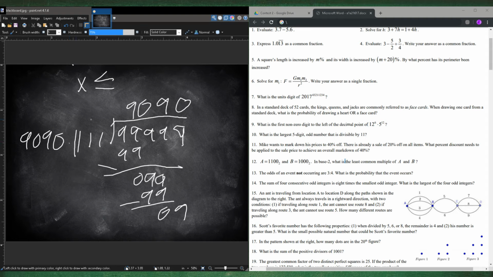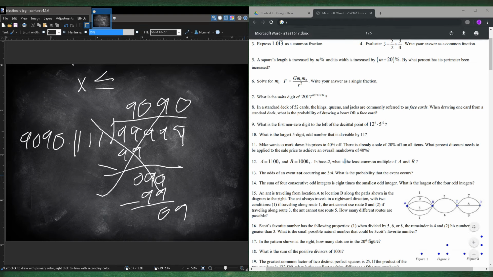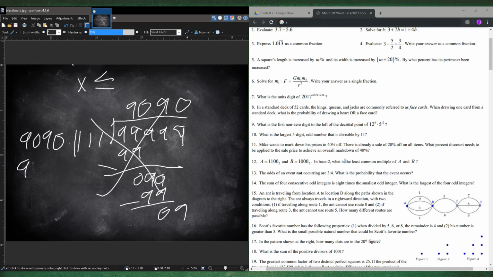So you have to find the first odd multiple. Since it has to be odd, 9090 is even, and even times 11 is even, and it asks for odd, so we have to go a little less than that. So we have to go 9089 times 11. Okay, so that's what we have, 9089 times 11.